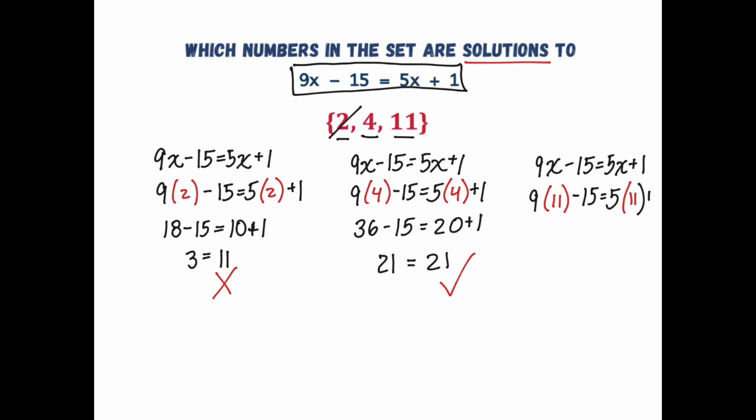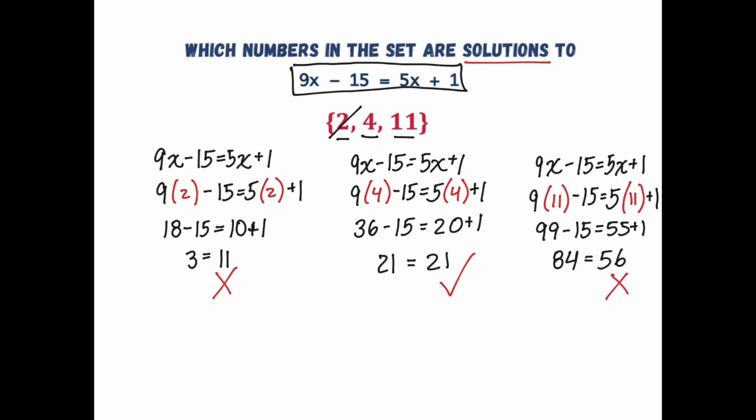Now, simplify my multiplication. 9 times 11 will be my next step. 9 times 11 is 99. And then I'm going to bring everything else down carefully. And then multiply 5 times 11, which is 55. Bringing down the rest of that side carefully as well. 99 minus 15 is 84, and 55 plus 1 is 56.